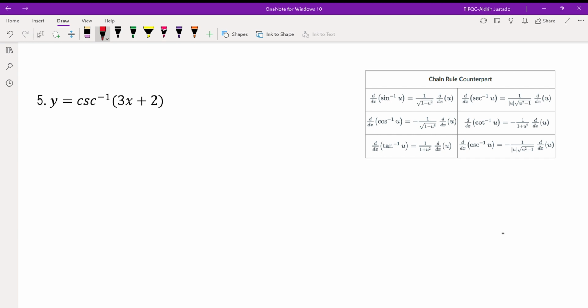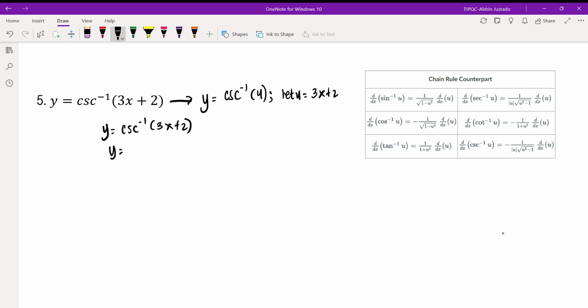So we can write this in the form of y is equal to arc cosecant of u. Ayan. So we let u be equal to 3x plus 2. So, ang gagawin natin, write again, arc cosecant of 3x plus 2. So, y is equal to arc cosecant of u.